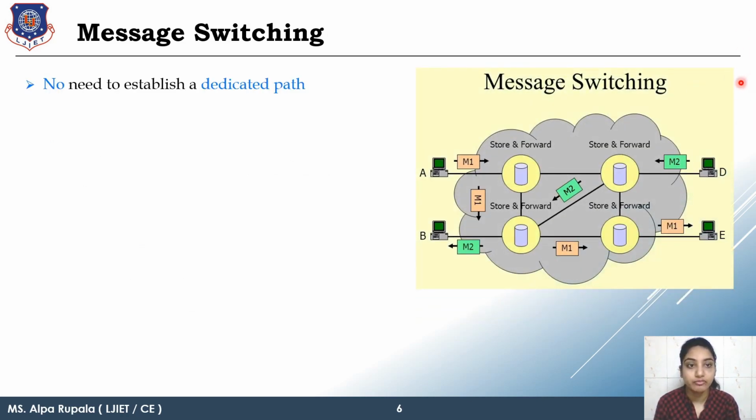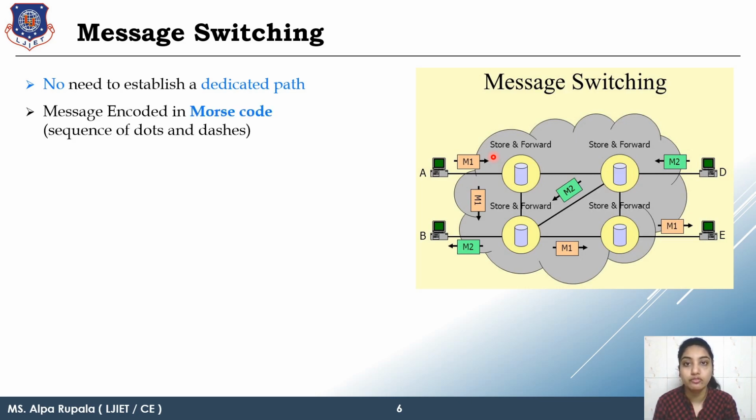Here is the diagram for message switching. In message switching, your message or your data is being converted into a large block known as a message. That data is being encoded into Morse code form.